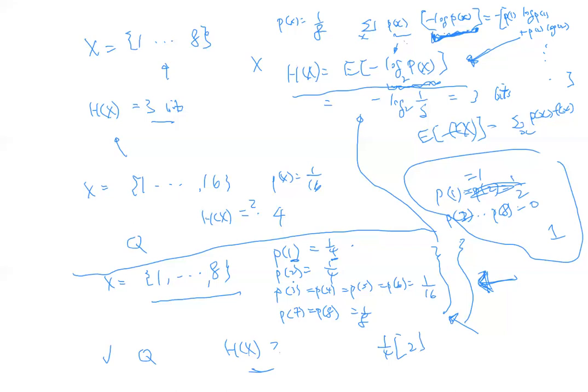I have two of them, and then I have four of the 1/16 terms, times 4, plus two of the 1/8 terms, times 3. So this is 1 here, this is 1 here. I think it's 2.75, yes.